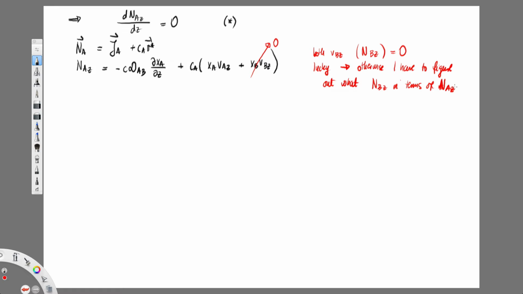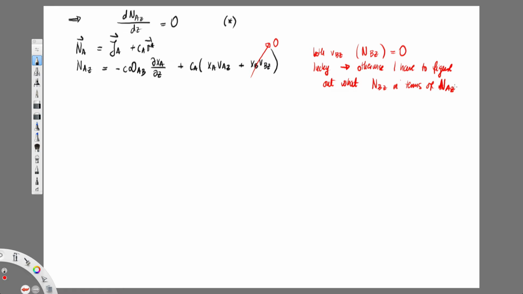If I have A approaching the surface and then a reaction happening and B coming off the surface, then based on the reaction, I have to figure out the flux of B coming off the surface in terms of the flux of A coming to the surface.